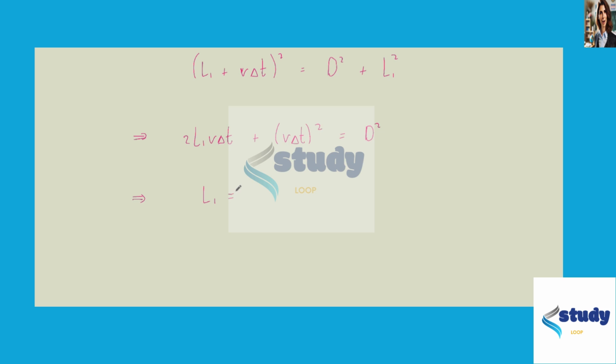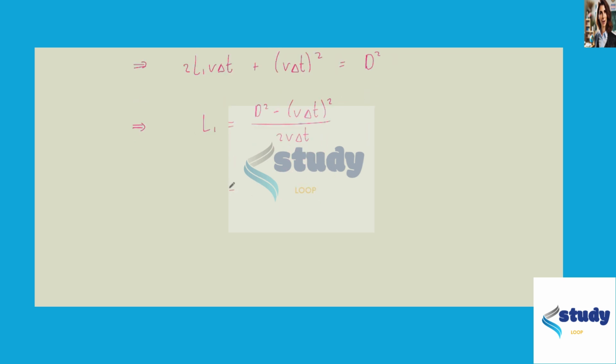So we get L1 to be d squared minus v delta t all squared, over 2v delta t. And all of these values are known, so we can find L1.